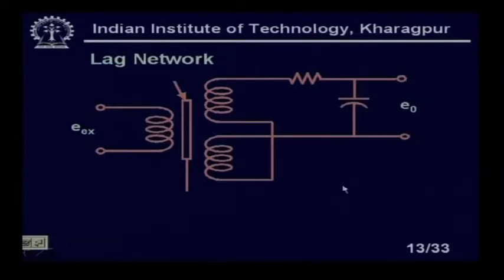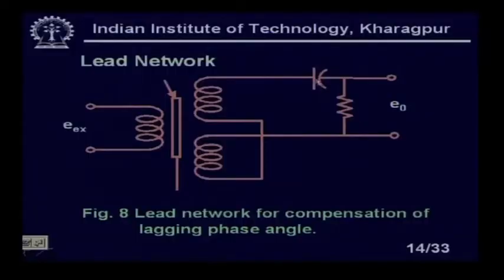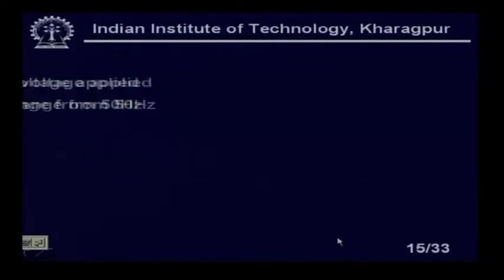It is not very important; most of the cases you will find. This is a lag network for compensation of the leading phase angle. Similarly, if it is a lagging phase angle, I can use a lead network. Just interchanging the capacitors and inductors and the resistances, I will get a lead network. For a leading phase angle, it will look like this.